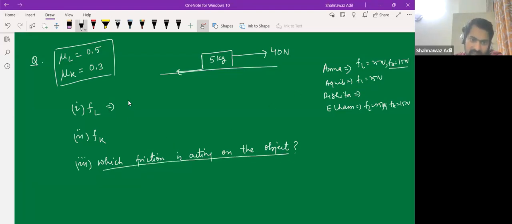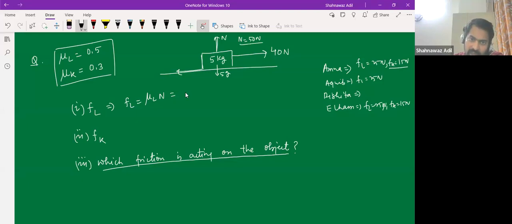Okay, so let us calculate FL. FL is mu L N, right, Rishita? And N is equal to 5g, so this is 50 Newton.